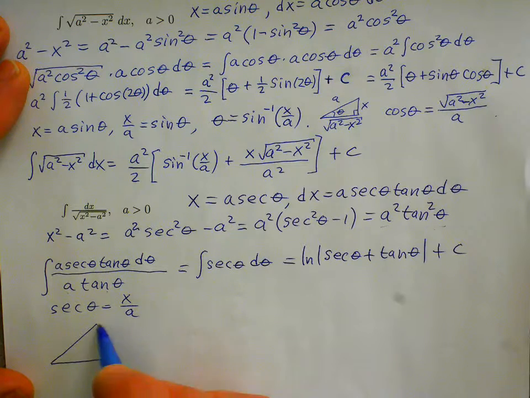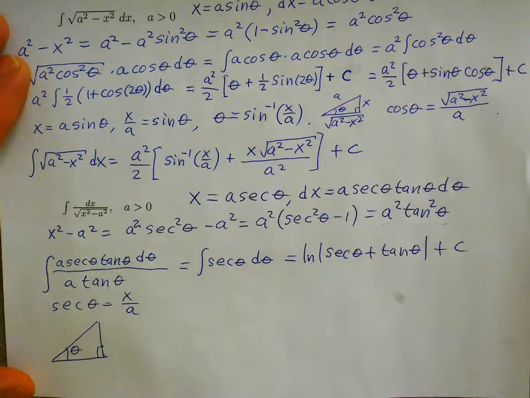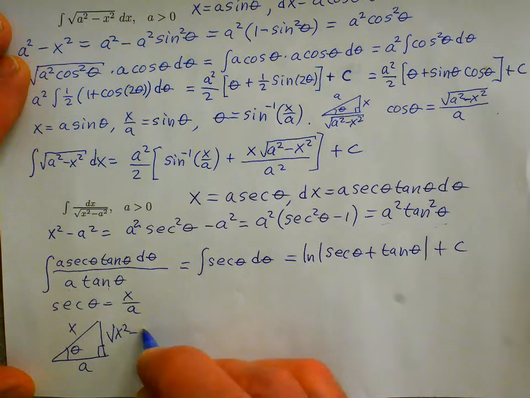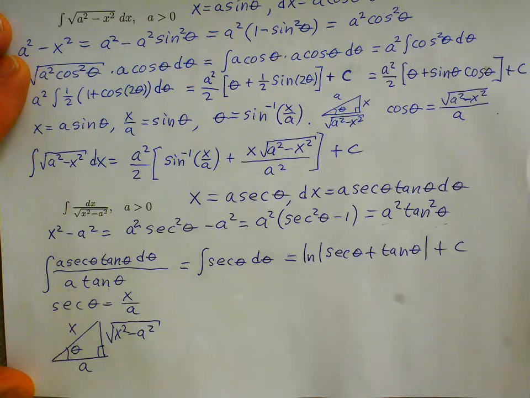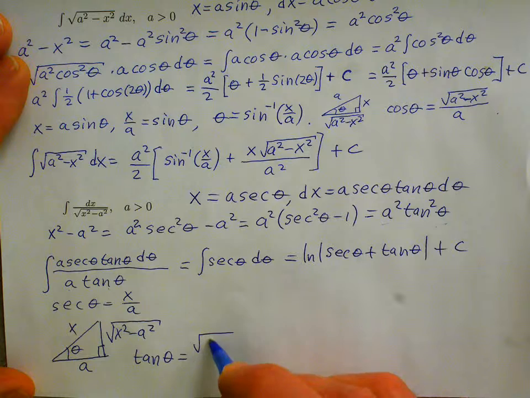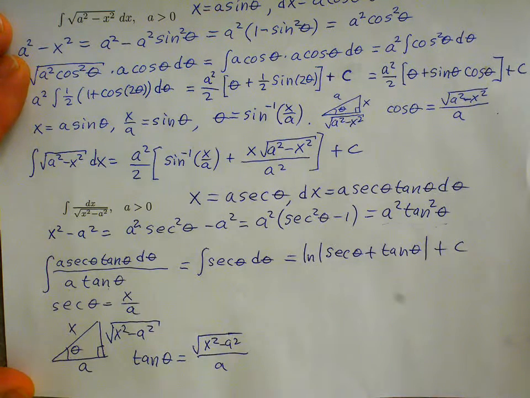So if we construct a right triangle, this is angle theta. If secant of theta is x over a, then the hypotenuse is x, the adjacent side is a, and the opposite side of theta is the square root of x squared minus a squared. And so tangent of theta is the square root of x squared minus a squared over a, opposite over adjacent.